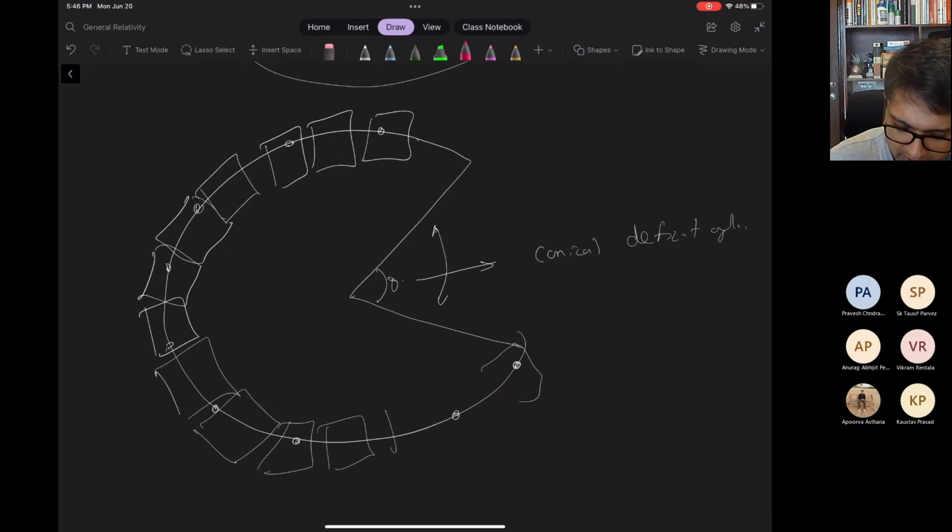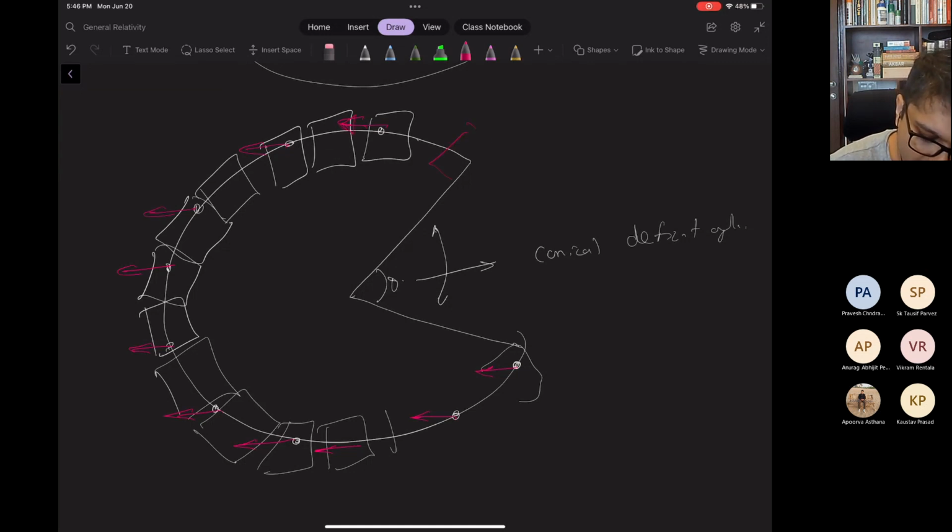What do I want to argue? I want to argue that a tangent vector here, this is parallel transport. So this is what parallel transport looks like.